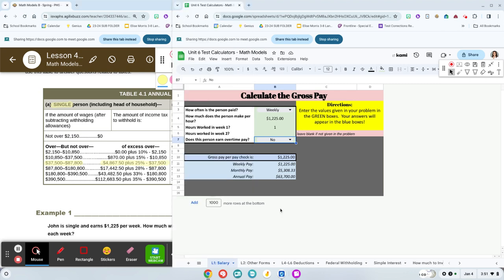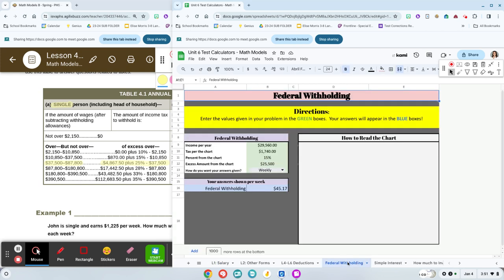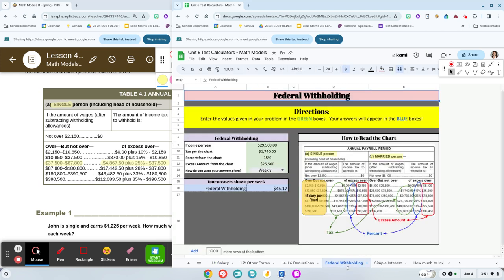Let me show you how to use this really cool financial calculator. Down here, Federal Withholding is the tab you want to select at the bottom. What we're going to do is put in all of John's numbers. So we're going to put in 63,700 right there.